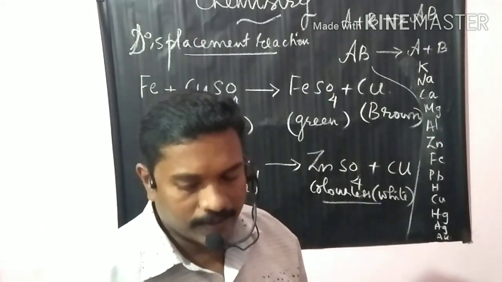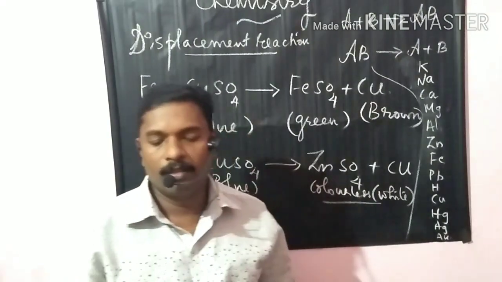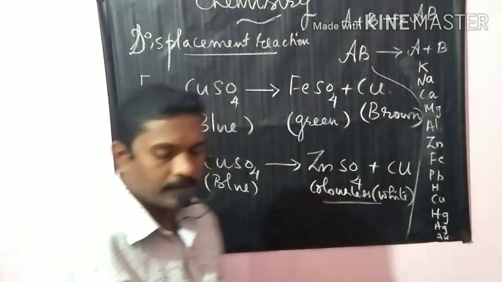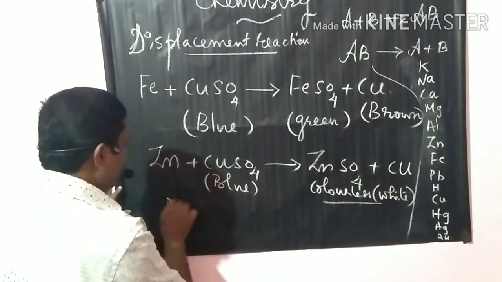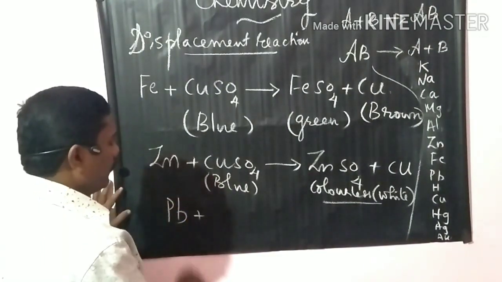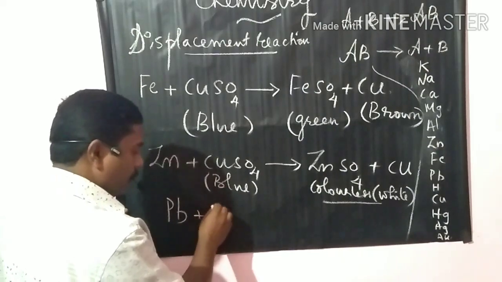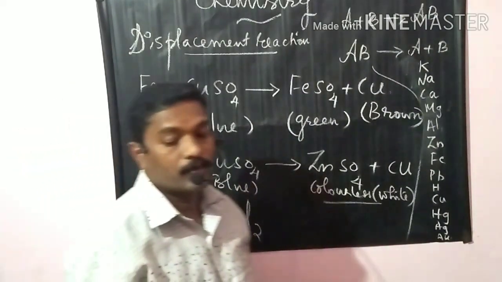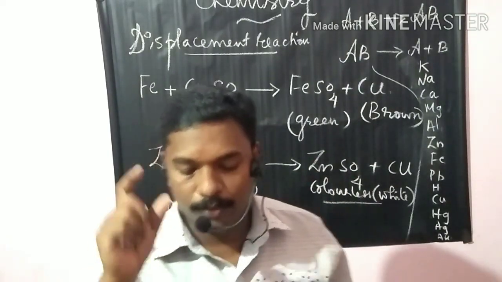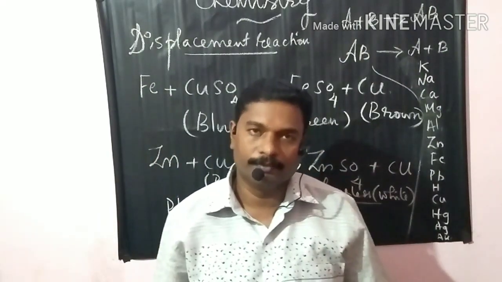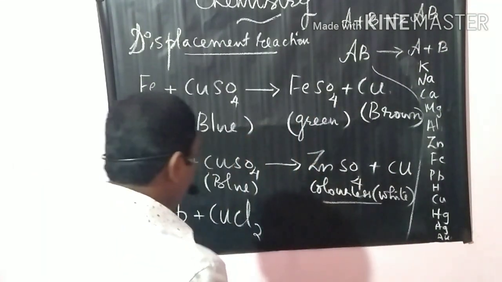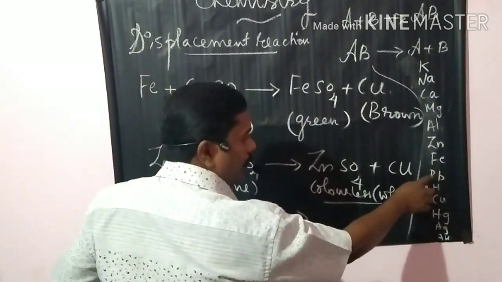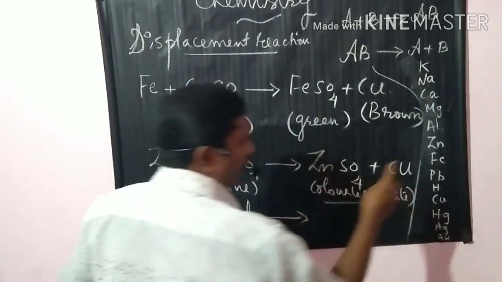And see, let's discuss one more displacement reaction. That is when lead metal is immersed in copper chloride, CuCl2. What will happen? As we know, lead is more reactive than copper.